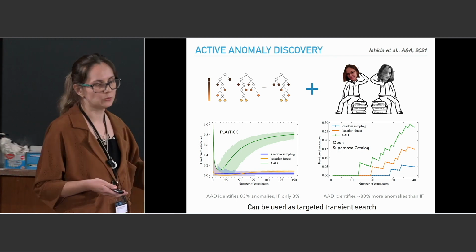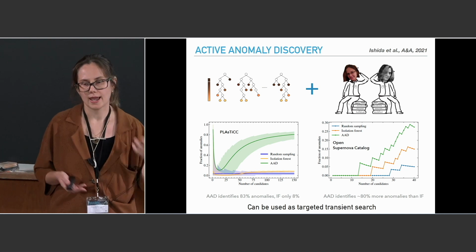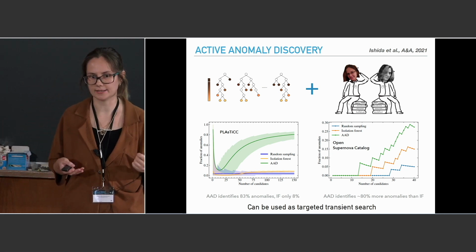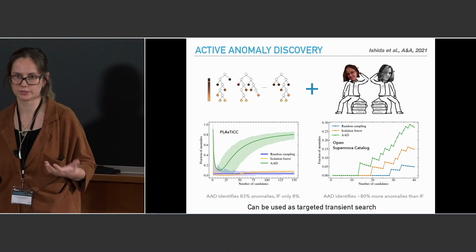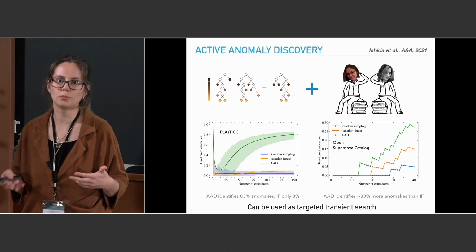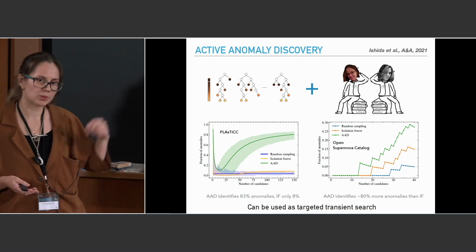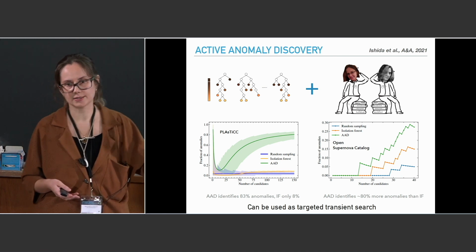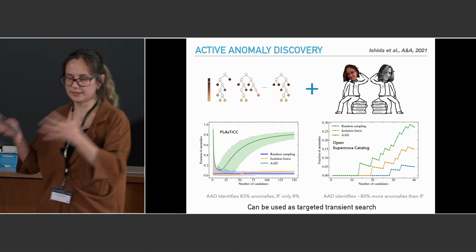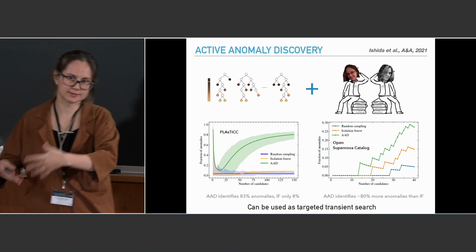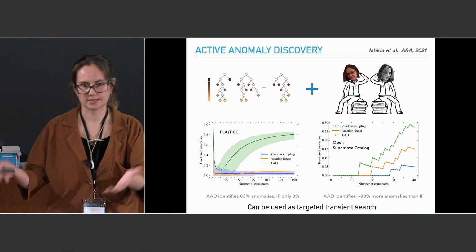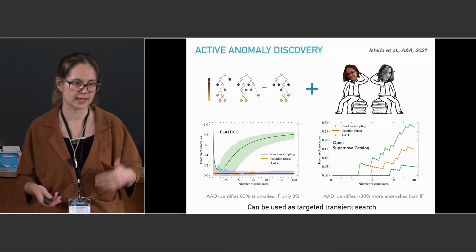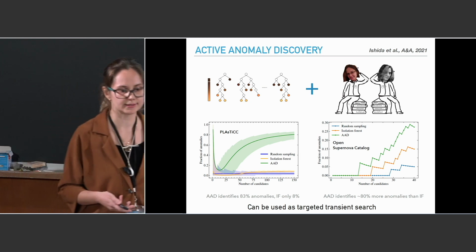Then we take the one with the highest anomaly score and show it to the human expert. And then the human decides: is it interesting or not? Do I want to see more objects like that or not? And provides the answer back to the machine. So if the answer is no, objects that are similar to this one in some parameter space will have a lower importance, and the machine will propose us something else.